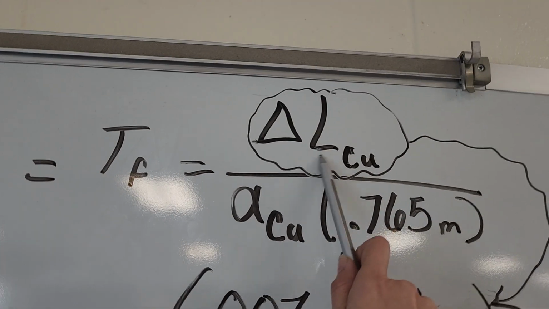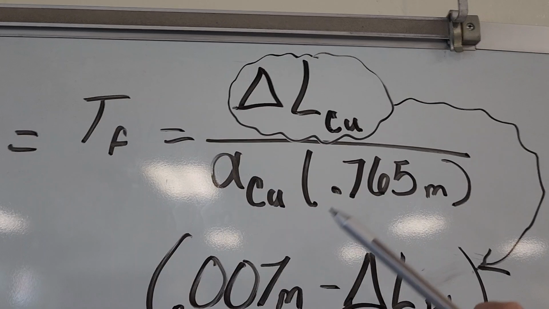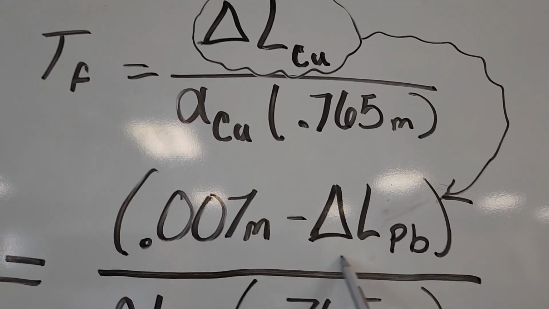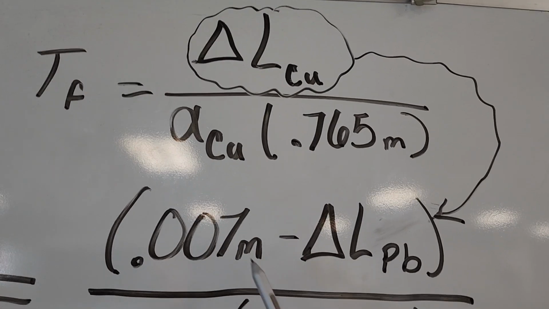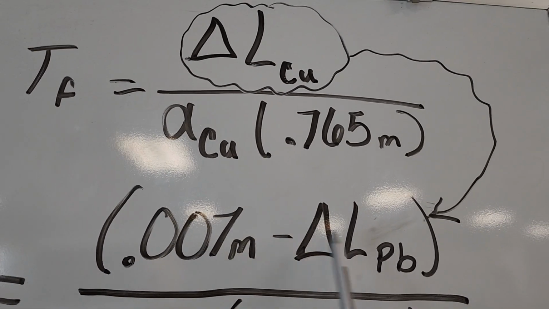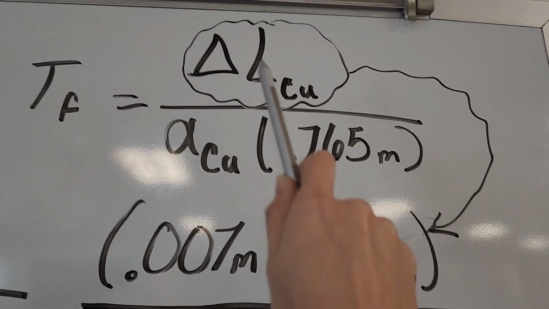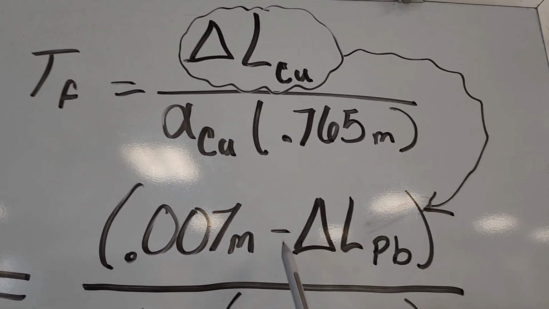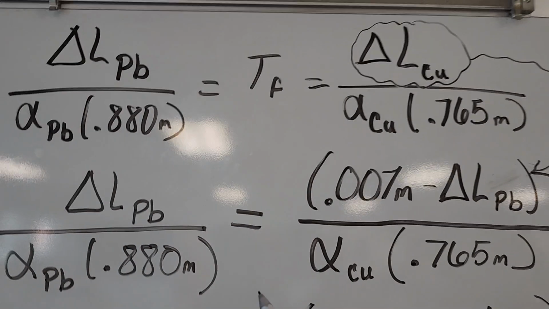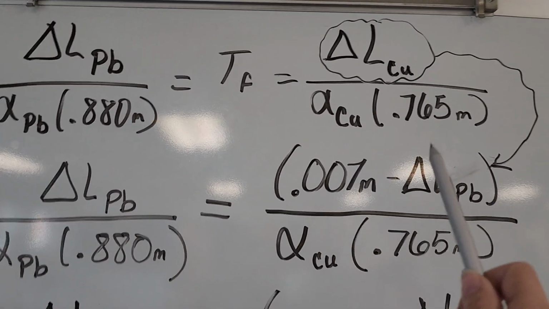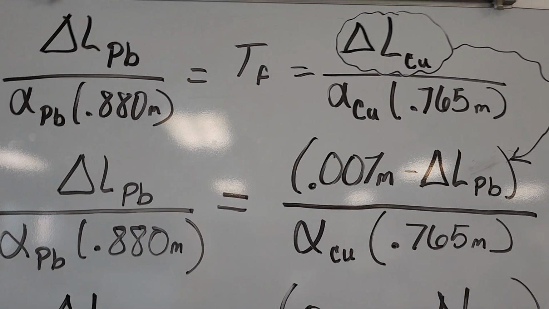So again, instead of the length of copper, we're going to replace that with 0.007 meters minus the expanded length of the lead that gets in the way of that gap. So that should make sense. This is the gap. The gap is equal to the change in length of lead plus the change in length of copper. So we can rearrange that to substitute for the length of copper. So we're just going to carry down the rest of this and solve for delta LPB.